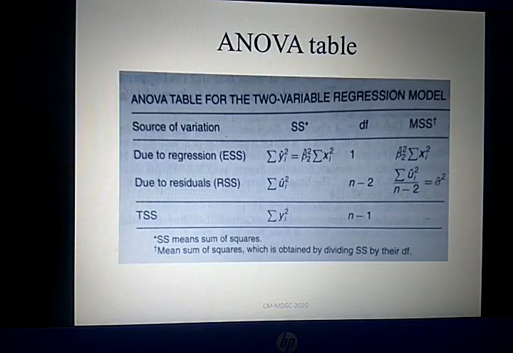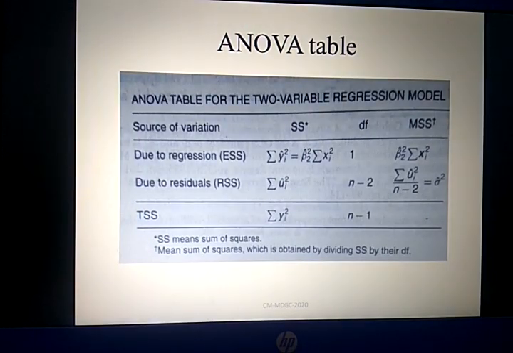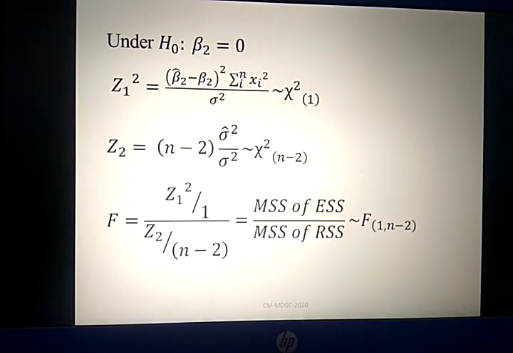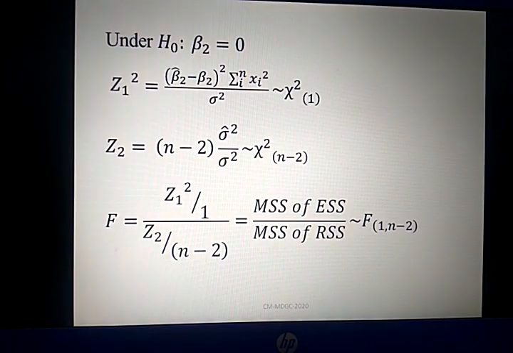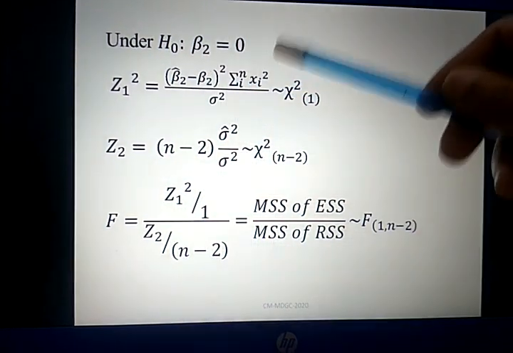Now you can check from the ANOVA table that this F statistic is nothing but the ratio of these two values, that is MSS of ESS divided by MSS of RSS.